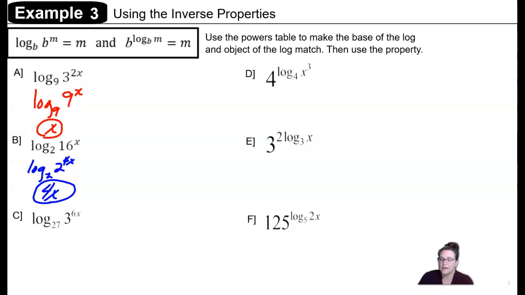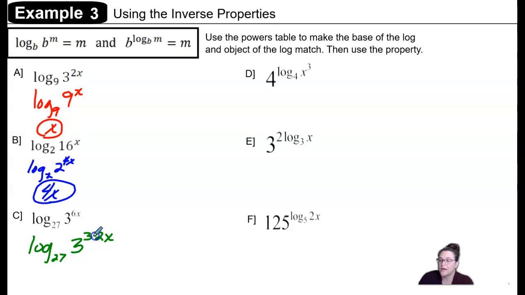Okay, then in example C, log base 27 of 3 to the 6x power. 27 we can't change because that's the base of the log, so we need to change this 3 to the 6x to be a base of 27 in the argument of the log. And 27 is 3 cubed. So I'm going to rewrite this as the log base 27 of 3 cubed, that would be 27, but I need that to equal a 6x up here, and right now it's a 3, so that would be 3 times 2x.